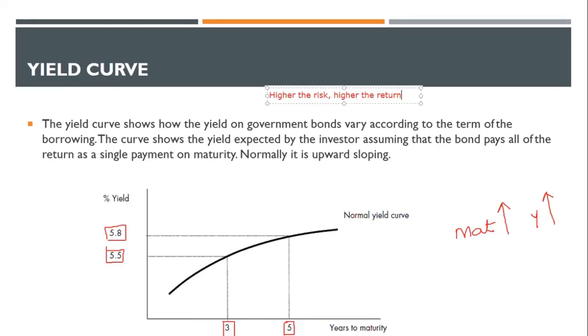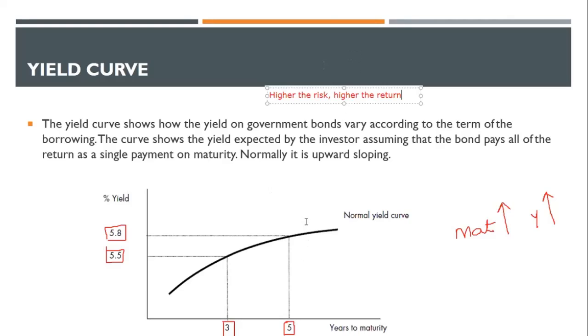Whenever investments are longer term, they always have higher risk, because as you extend the duration into the future, your forecasting becomes inaccurate, and uncertainties increase. Therefore, generally, bonds with longer life have higher yields.